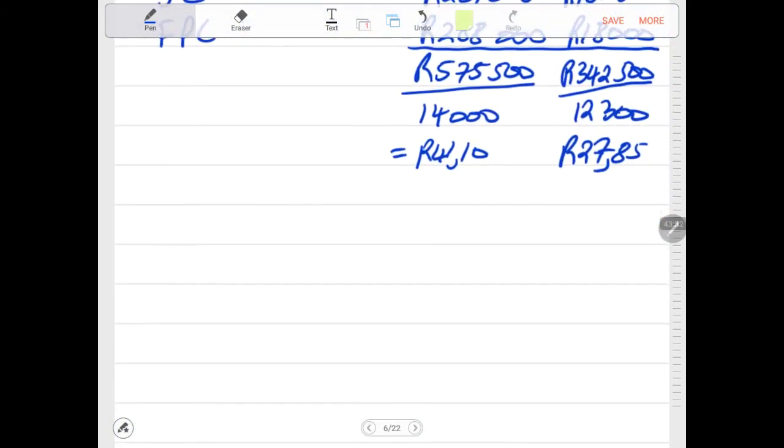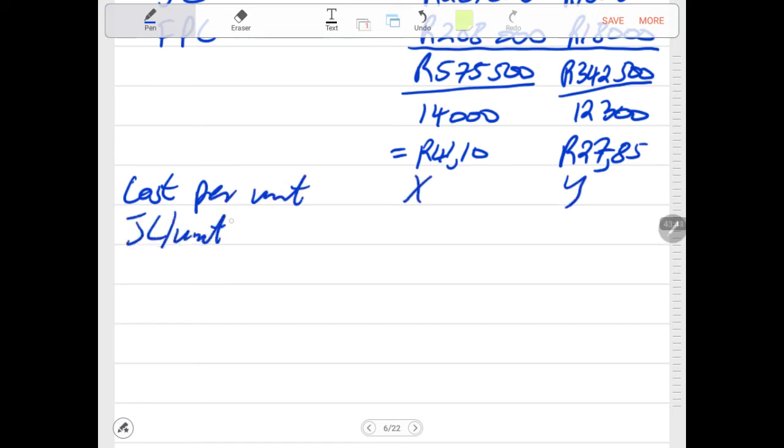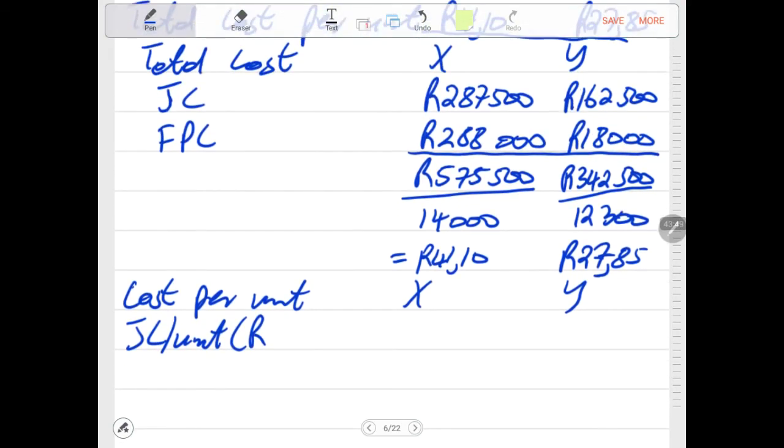Now, one last way to calculate the cost per unit again, for both product X and Y. We can say joint cost per unit, meaning where we're calculating our joint cost per unit, and we just say 287,500 divided by 14,000 units.